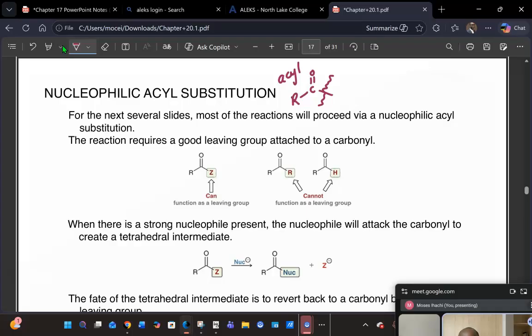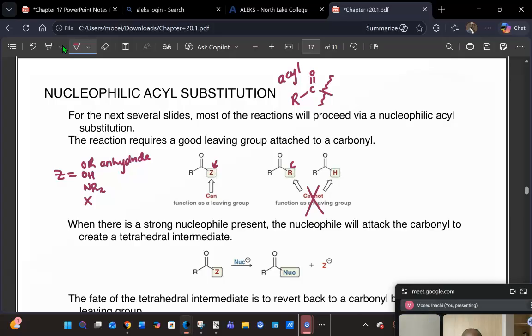So the thing on the acyl group can be replaced, but you don't want to replace a carbon or a hydrogen. Those ones cannot be replaced. So here you are thinking of Z to be an OH, maybe an NR2 group, maybe a halogen, or even an OR group in anhydrides.